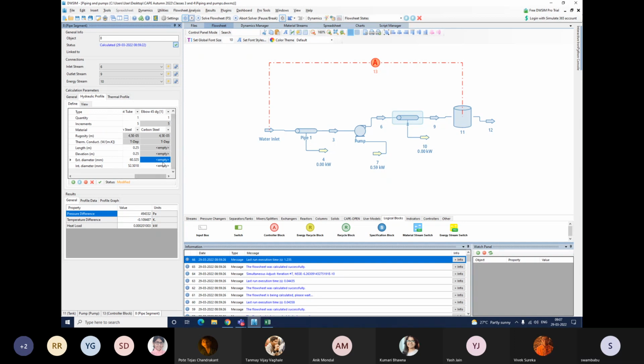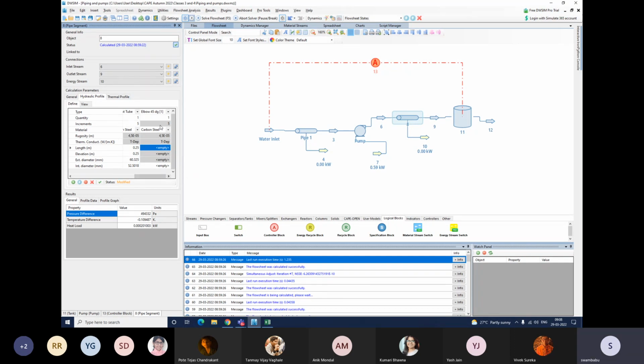Nothing is coming up. Somehow it got hung. We just simply enter the length value, elevation value, external diameter, internal diameter, the way we have done before.